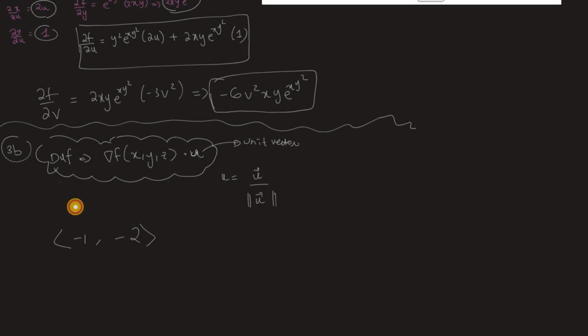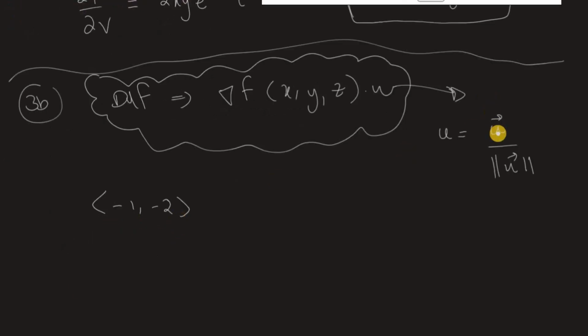Because it was like -i plus -2j. It was in the form of ij, and I wrote it in the form of a vector, so I don't need to write the ij component. Okay, so this is our vector itself.